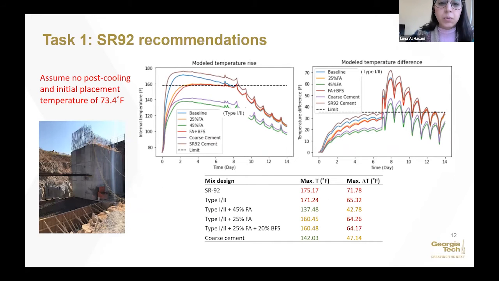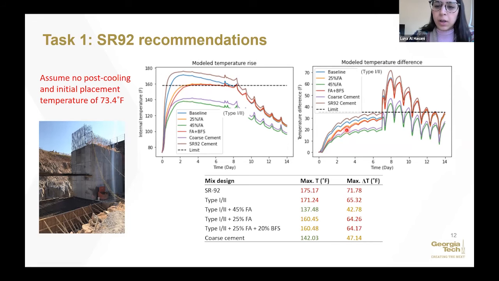Next, we wanted to see what the results would be if we use the isothermal calorimetry modeling approach on the SR92 abutment wall, assuming that there's no post-cooling, so we're only pre-cooling using liquid nitrogen, using these mix designs. This is the maximum temperature profile, the predicted one, and we can see that 4 mixes satisfy the limit that is the dashed black line, which is pretty good.